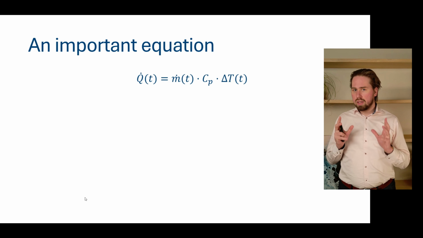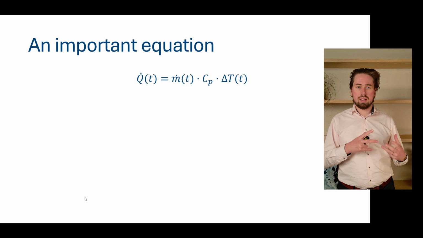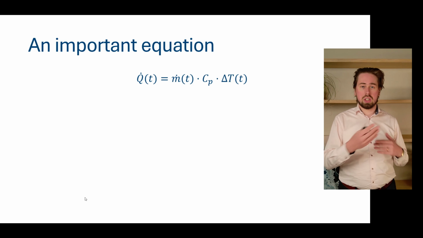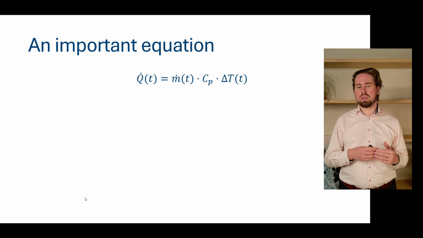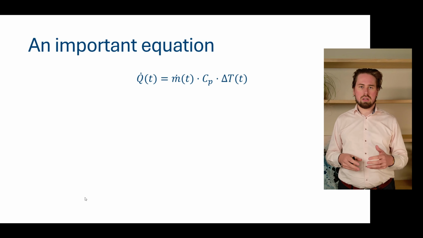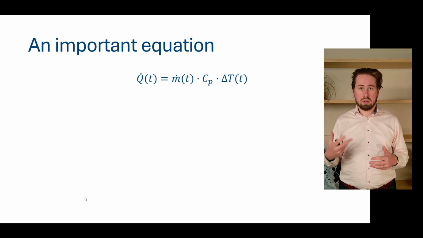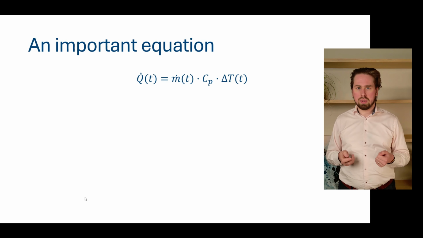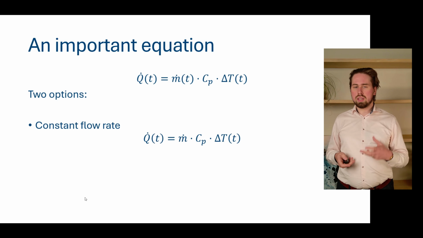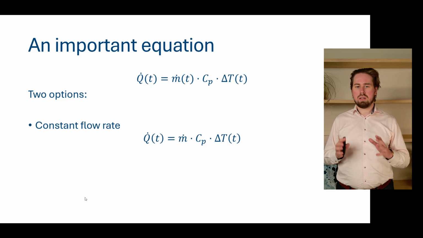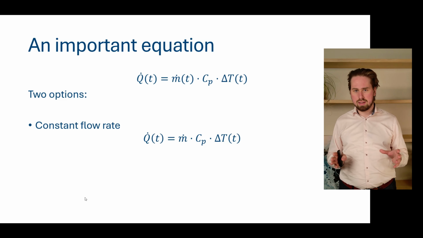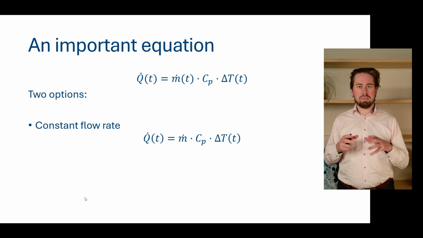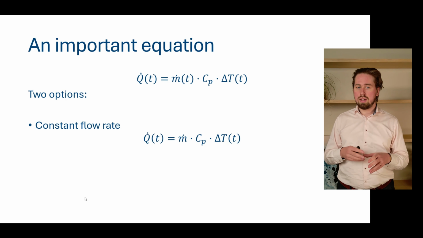And then we have a relationship between, on the one hand, variable power, changing power, heating, cooling, and so forth. And on the other hand, a combination of either a variable flow rate or a variable temperature difference. And this gives us two different viewpoints. The one is the traditional one where we say, okay, let's use a constant flow rate. So this means that our m dot, our flow rate, is now a constant.